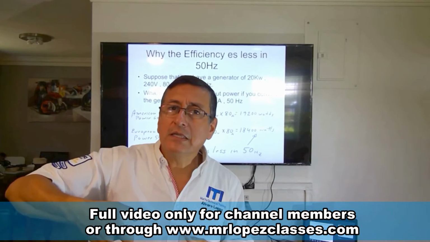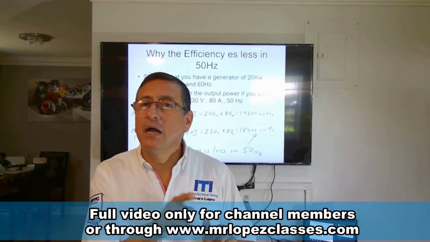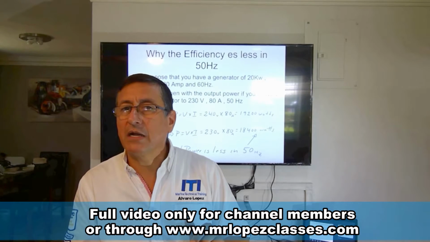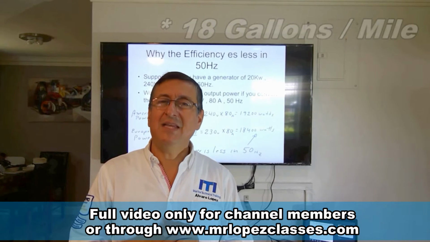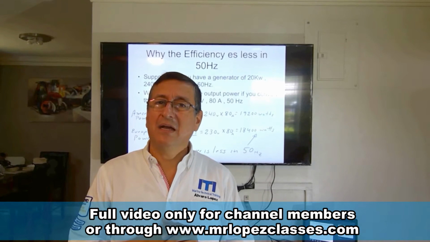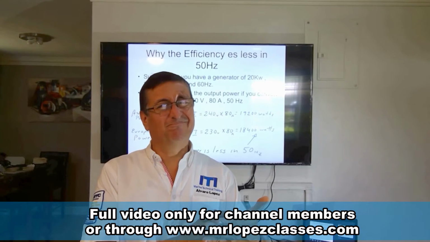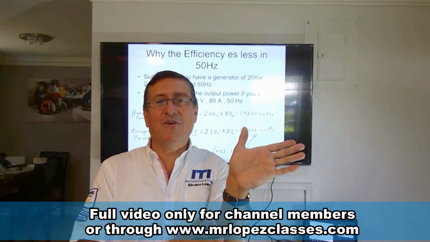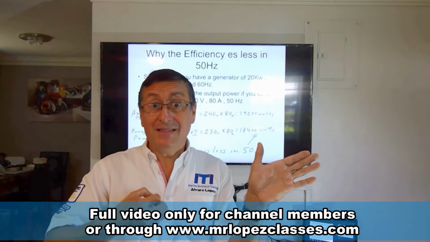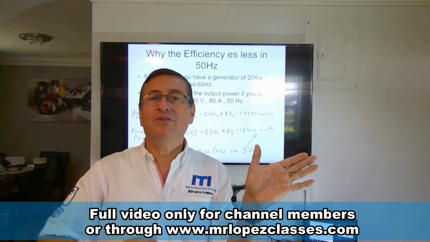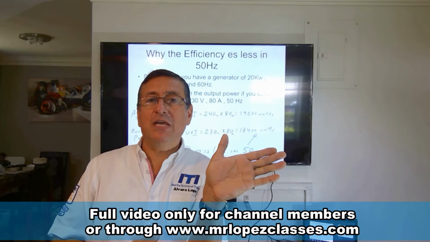I am going to fill the tank and check with the hour meter in my car how many miles is the consumption per gallon. Okay, the real consumption in my car is 18 miles per gallon, and the catalog says 24 miles per gallon. The information in the catalog is not according with the real situation, because I did the calculation and the real calculation is 18, and the catalog says 24.